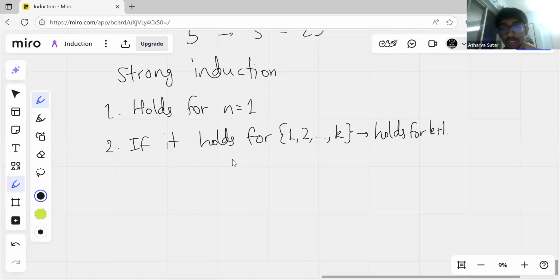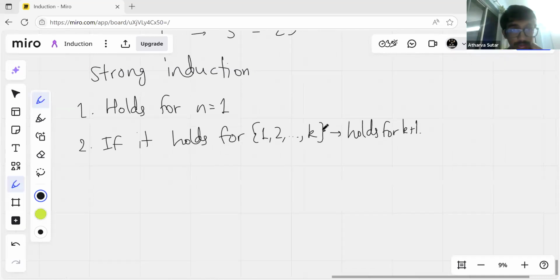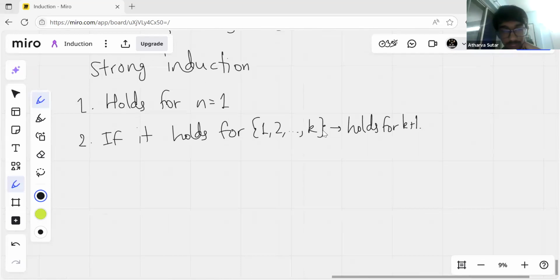You know that it is true for all integers up to k, and you want to prove it for k plus 1. So it's slightly different. Everyone got the difference, at least? That's why it's called strong. You need a stronger condition.